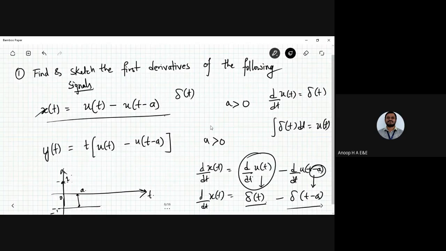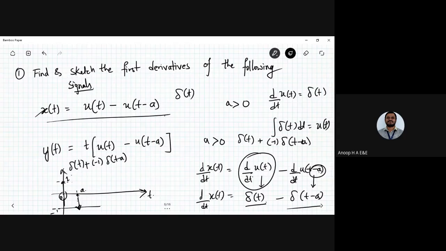If you add delta of t plus minus 1 into delta of t minus a, you can get the sketch of the signal. That's the reason why I have multiplied minus 1 into delta of t minus a. That's how we are going to analyze the signal. Only at that instant, at t equal to 0, we get 1, other values we don't get, and minus 1 where t is equal to a.